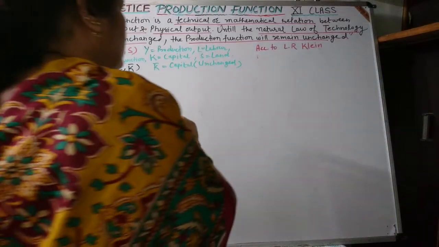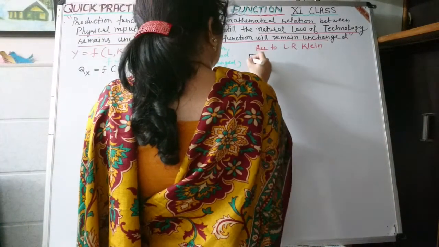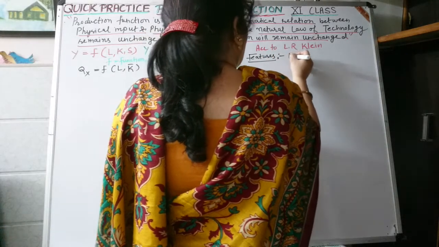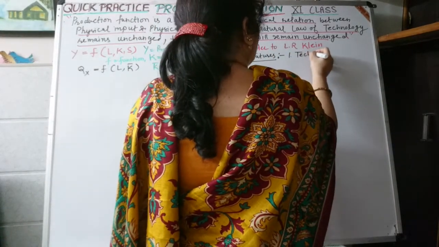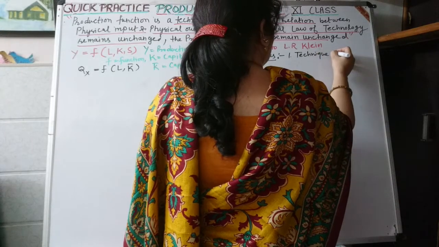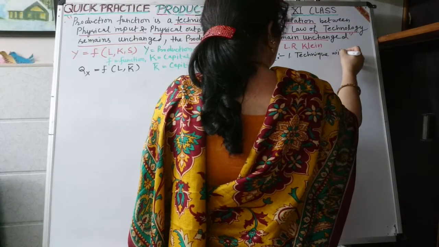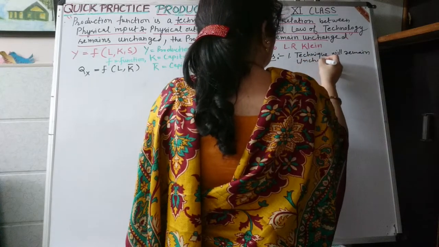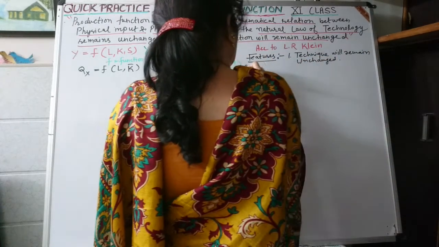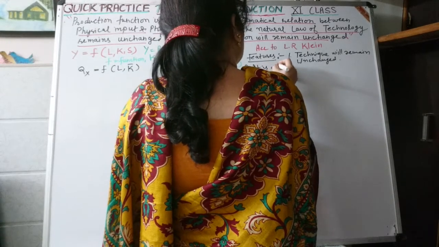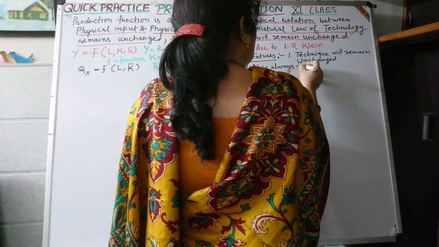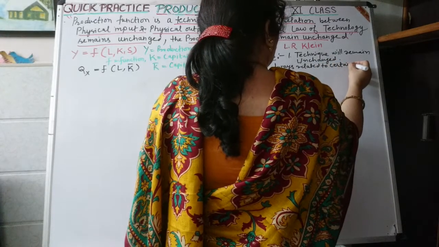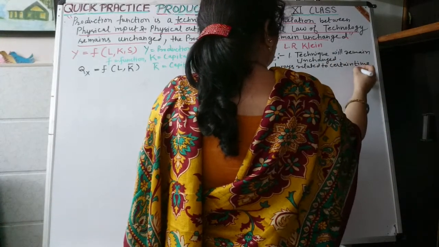Then let us write down the features of production function. Number 1, technique will remain unchanged. Number 2, it always relates to a certain time period.